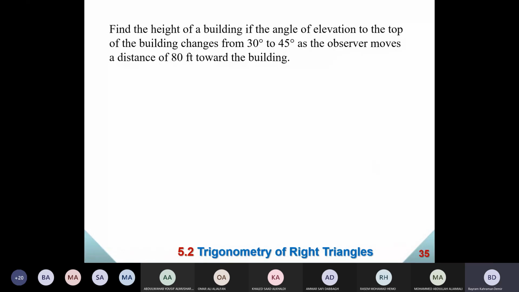Okay, so here is the image. We are talking about the height of a building. So we have the ground here. We have a building here. So that means we have a triangle, of course. Now we are measuring two angles of elevation. One is 45, which is here.